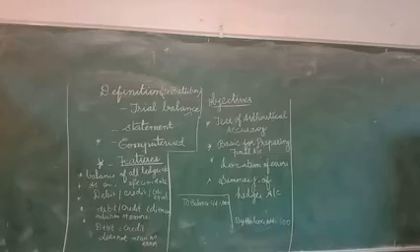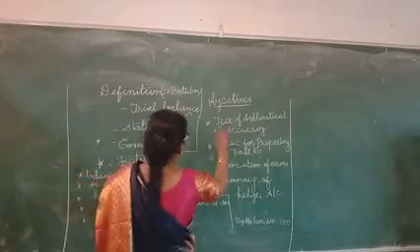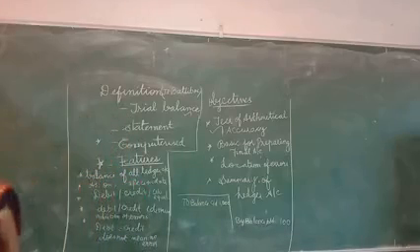So what is the objective? The objective is that by the trial balance the arithmetical accuracy of bookkeeping work is checked. Whether we have written all the entries properly or not will be checked by the first objective. The next one, basis for preparing the financial statements.